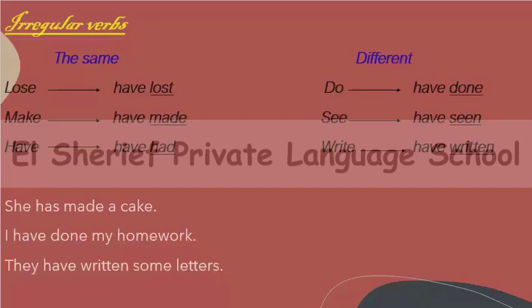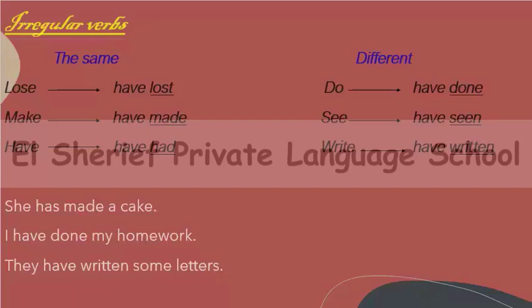And we have some other verbs that will be different. Do, second form did, third form done. See, second form saw, third form seen. Write, second form wrote, third form written. And go, went, gone.